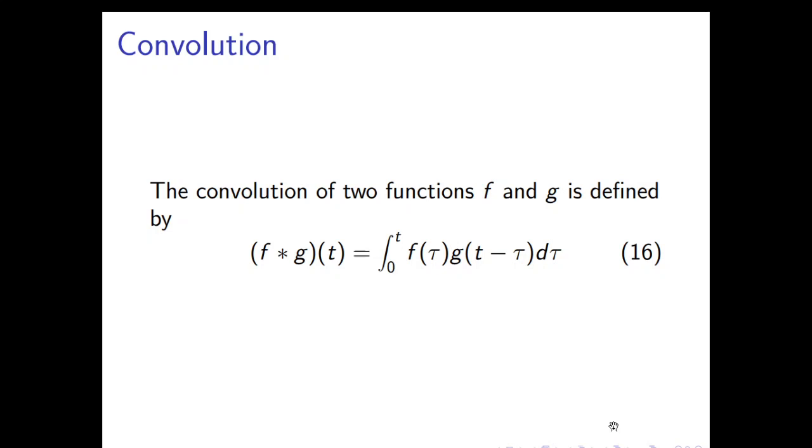Then we are looking for the Laplace transform of convolution of functions, or how we can relate the convolution of function to Laplace transform, and the same thing is going to be discussed in Fourier transforms also.